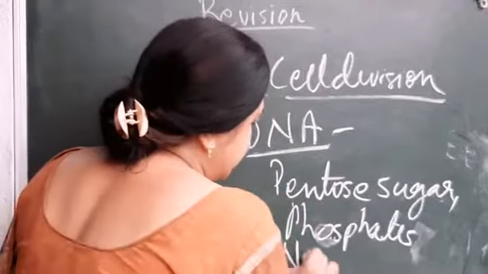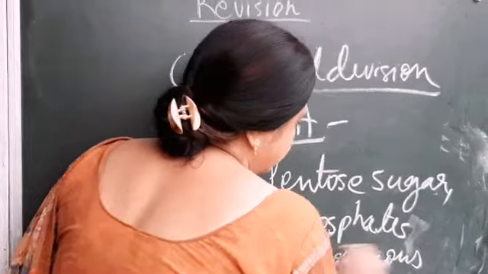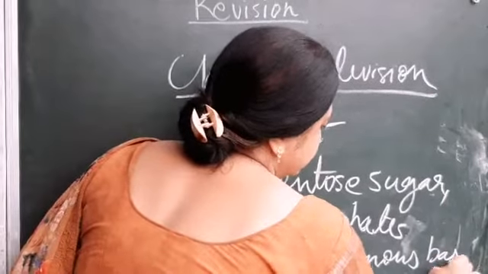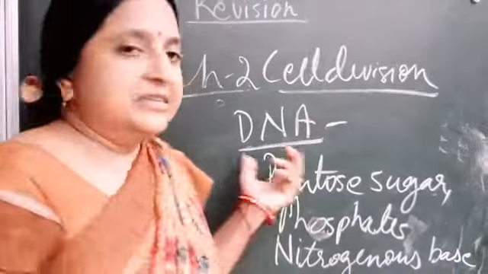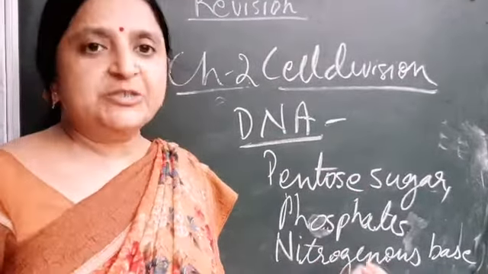DNA is made up of pentose sugar, phosphates, and nitrogenous bases.